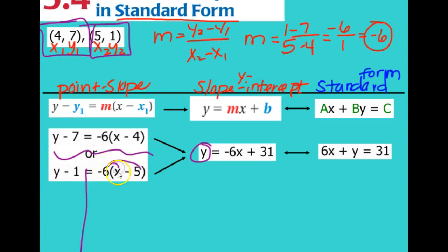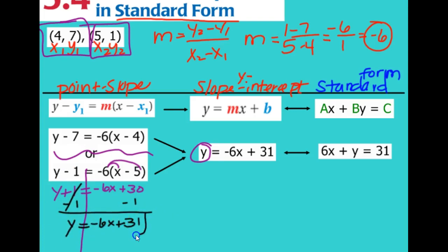If we distribute this, negative 6 times x is negative 6x. Negative times a negative makes a positive, and 6 times 5 is 30. And if we want to get y by itself, all I have to do is subtract 1. So I have y equals negative 6x plus 31, which is exactly what's written right here. So we can move from point slope to slope intercept pretty easily just by solving for y.